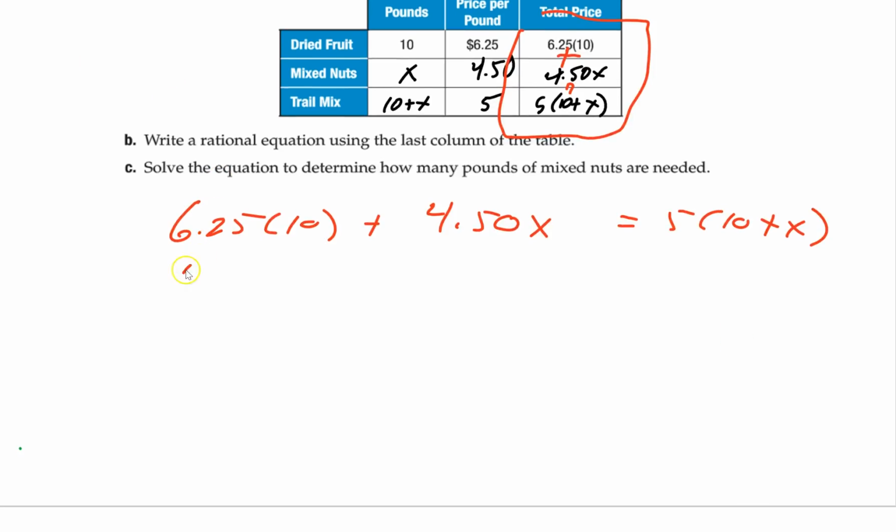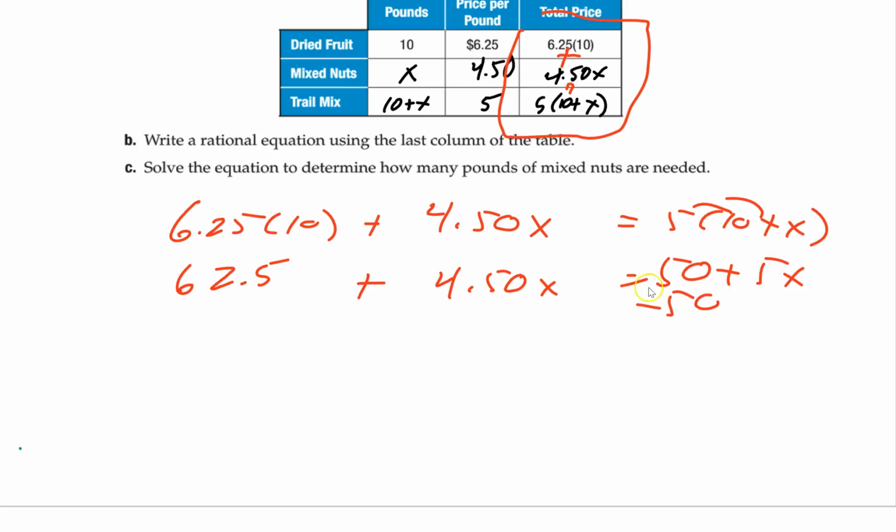So it's going to be 62.5 plus 4.50x equals, distributing, 50 plus 5x. Do a little math. Subtract 50, subtract 50, subtract 4.5x, subtract 4.5x, and you get 12.5 equals 0.5x.